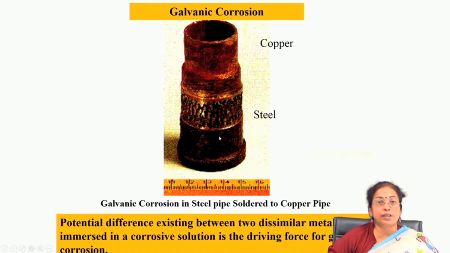This is because steel is more prone to corrosion, or more active, as compared to copper. When the two metals are joined together, the steel goes on corroding, as there is a flow of electrons, and that electron flow saves the copper to a large extent. So the steel goes on corroding, and that corrosion proceeds from the junction point towards the other end of the pipeline.